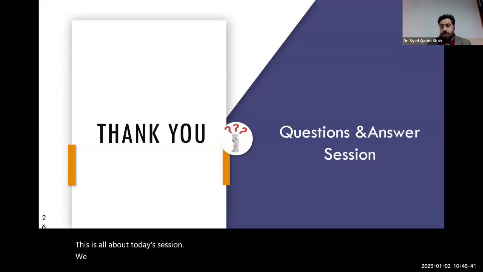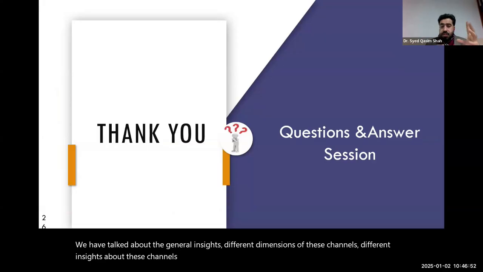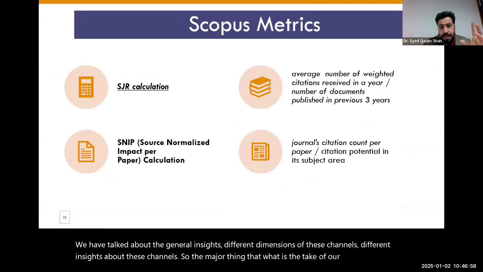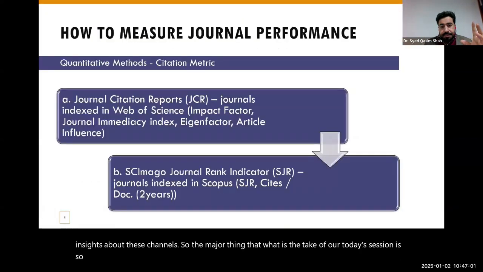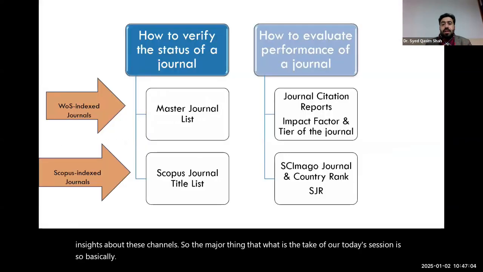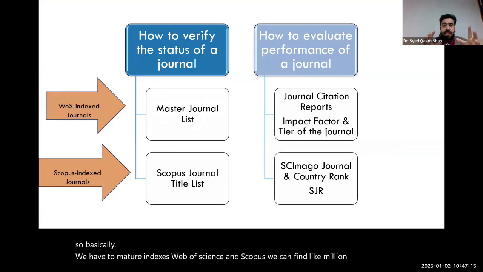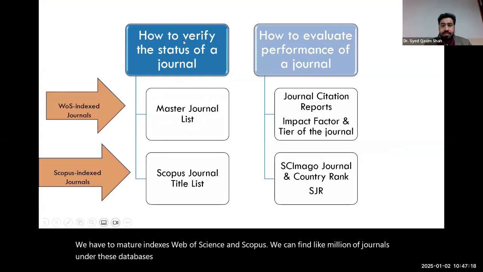We have talked about journal insights, different dimensions of these journals. The major takeaway of today's session is this: we have two major indexes, Web of Science and Scopus. We can find millions of journals under these databases. First of all, we have to verify the status of any journal.